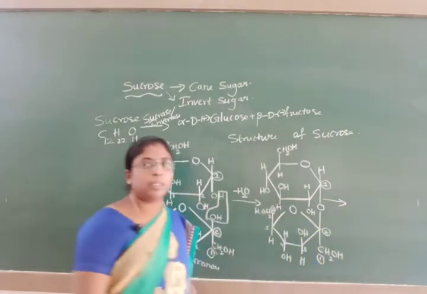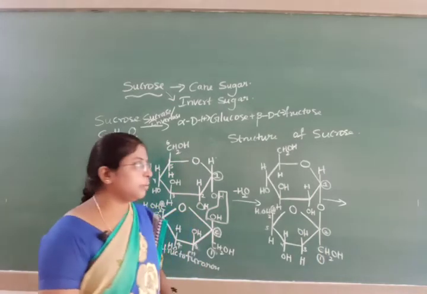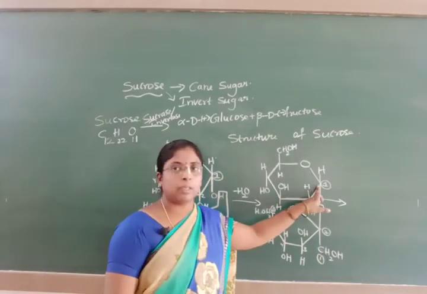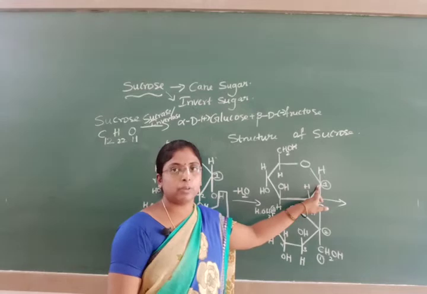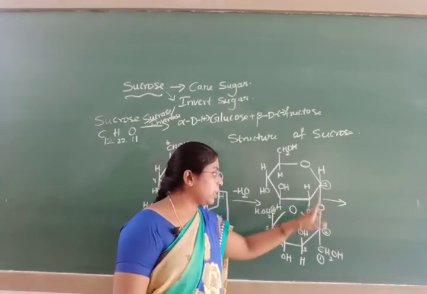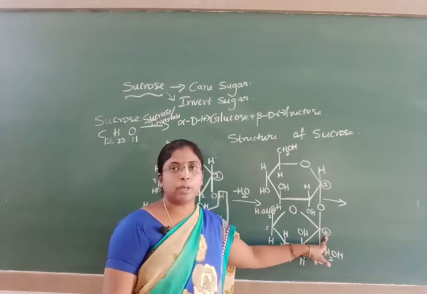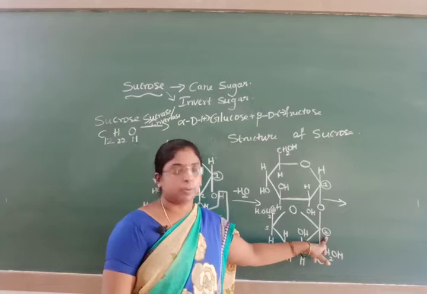The glycosidic linkage is obtained when the C1 carbon atom of alpha glucose forms a glycosidic linkage with the C2 carbon of fructose.